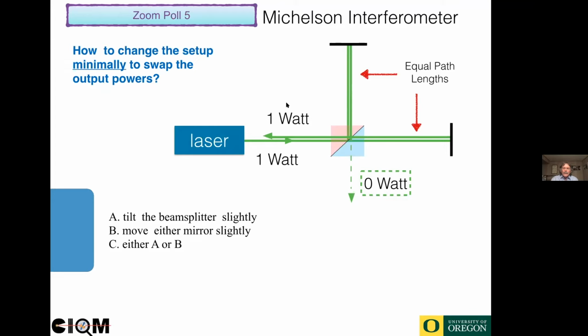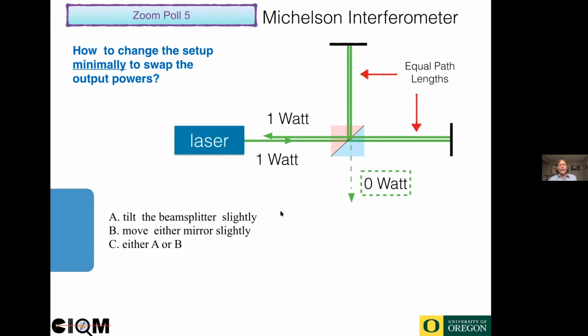So I think it should be clear that B is certainly correct because if I move a mirror slightly, I'm changing these paths. So if I just move one of the mirrors, I'll get a different phase accumulation on that path compared to this one. So if I move this mirror just by the right distance, I could swap these powers.